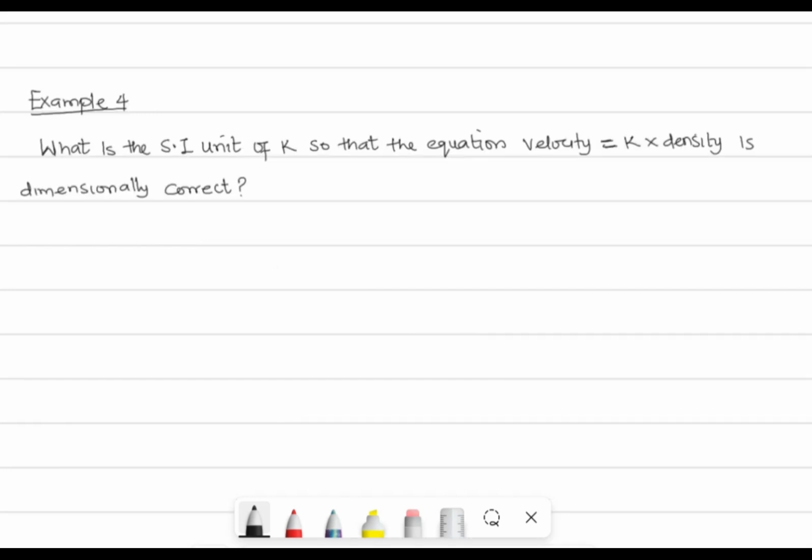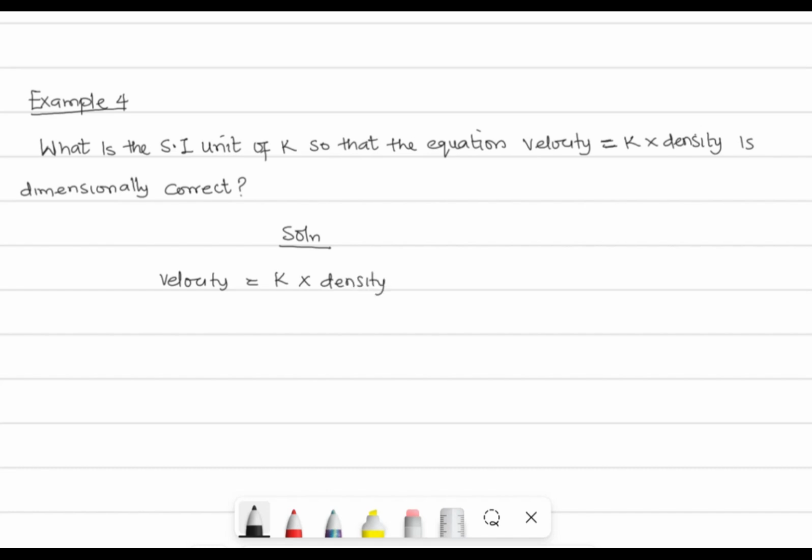Example 4 says, what is the SI unit of K so that the equation velocity is equal to K times density is dimensionally correct? Well, solution now. We have velocity is equal to K times density.